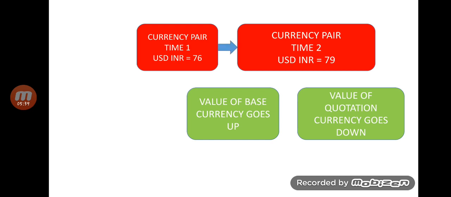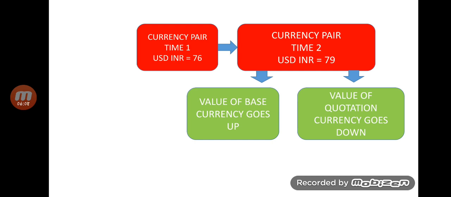In time 1, currency pair USD INR was 76, and in time 2 it increased to 79. So why the value of currency pair is increasing is because the value of base currency increased and the value of quotation currency decreased, or the value of USD increased and value of INR decreased.